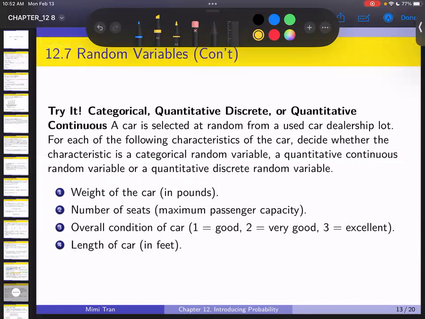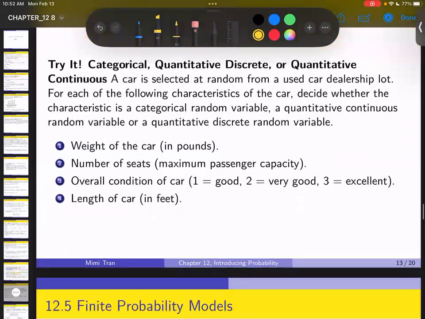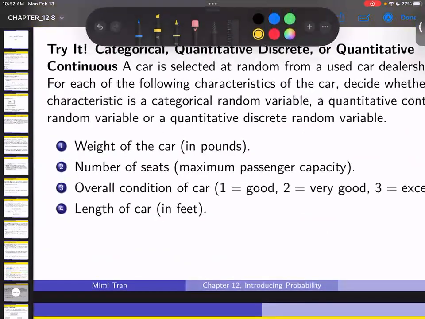Maybe this example will help you distinguish what is discrete and what is quantitative variables. We're going to select a car from a dealership lot. And they have some characteristics. Weight of car in pounds. I don't know how much a car weighs, maybe 2,000 pounds.